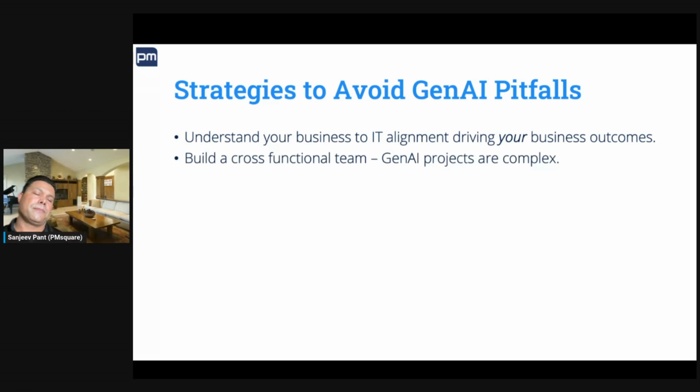What does that mean? A cross-functional team is a composition of capabilities around your engineering arm that has a proper definition, or a squad. In Agile, they call it a squad-based model.